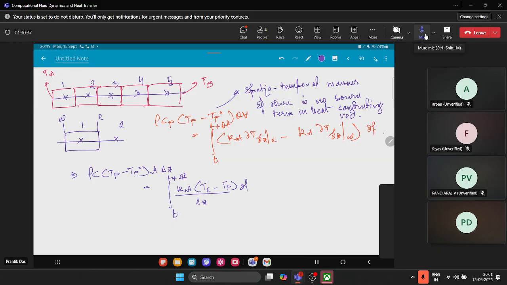So the formulation is there. Now this is at the east itself, and going to the west hand side of the equation.